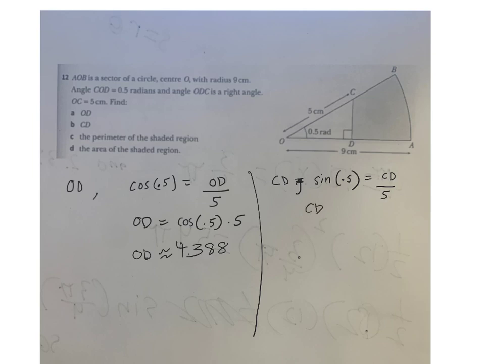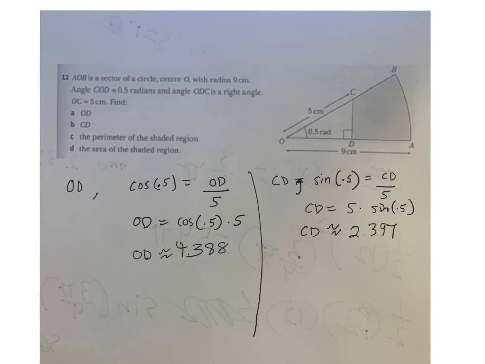So CD is 5 times the sine of 0.5. Just make sure your calculator is in radian mode, since we're dealing with radians here. And that is going to come out to be 2.397.